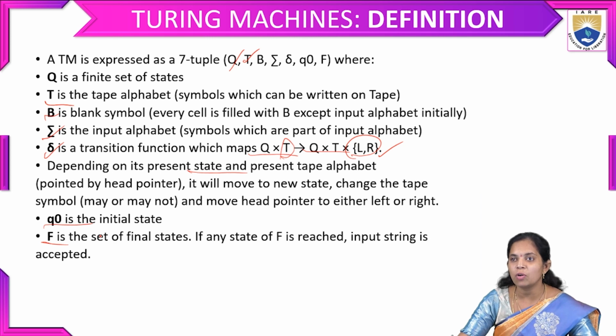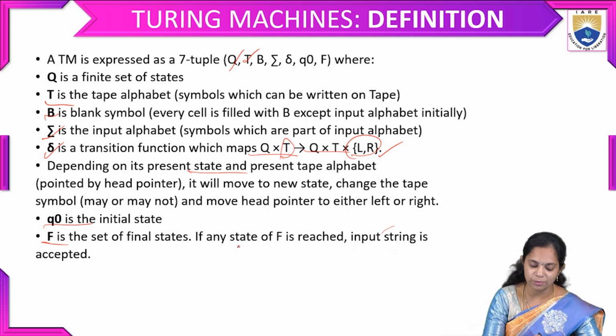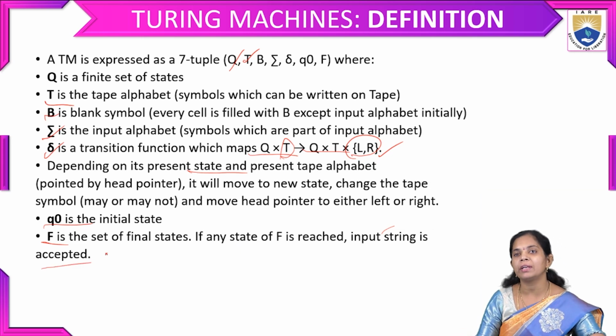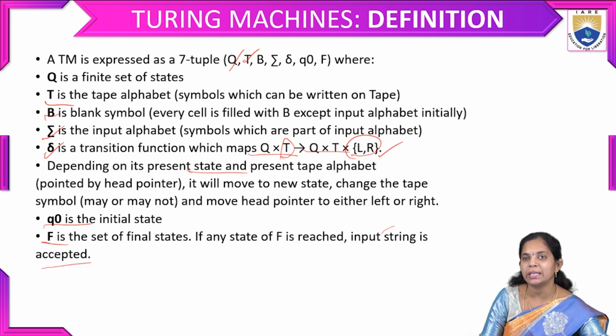If any state of F is reached, the input string is accepted. As usual in finite automata, after reading the entire string, whenever the machine reaches the final or accept state, the string is accepted by that machine.